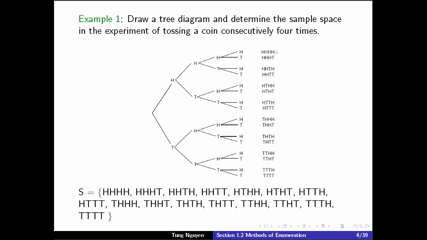So we have head, head, head, head. If we go to the last one, we go to the second branch, the tail one. Then we get head, head, head, tail, and so on and so forth. If we read all of these possible outcomes, then we obtain the sample space of this sequence of experiments. So that's how we draw a tree diagram.